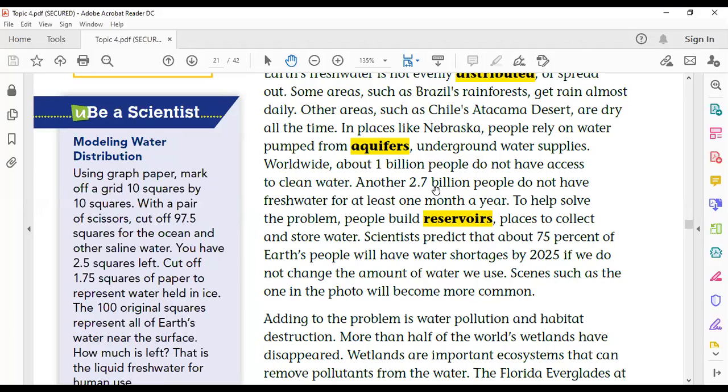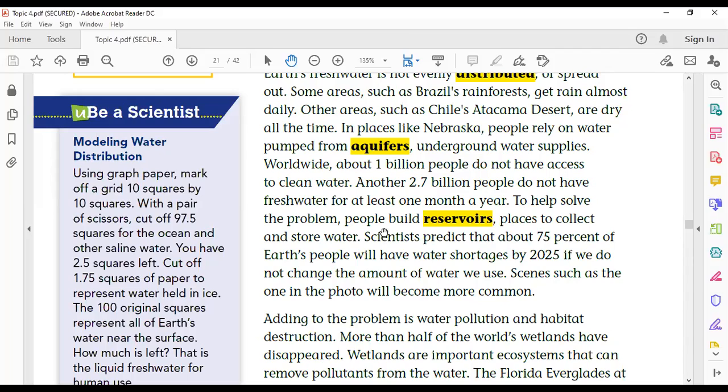Another 2.7 billion people do not have fresh water for at least 1 month a year, which is a problem. It doesn't mean that this month is continuous. On average, 2.7 billion people do not have fresh water for at least 1 month a year.